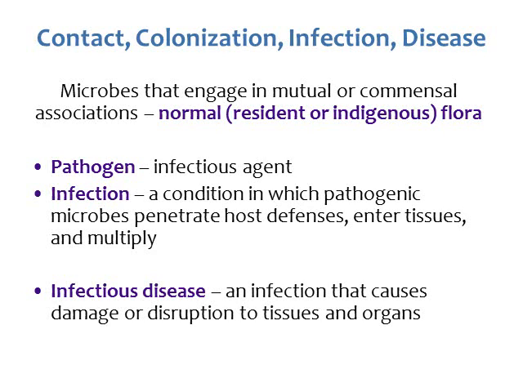So these microorganisms that we find on the body, so microbes that engage in mutualistic or commensal associations, we call these our normal flora, or they're called resident flora, indigenous flora. So these are microbes that are just found normally on skin.